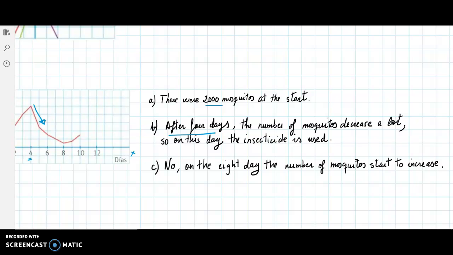The third question was about if the mosquitoes were eliminated completely. On the graph, we see that on the 8th day, the number of mosquitoes increased again.